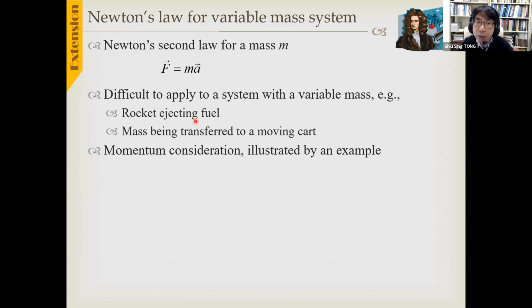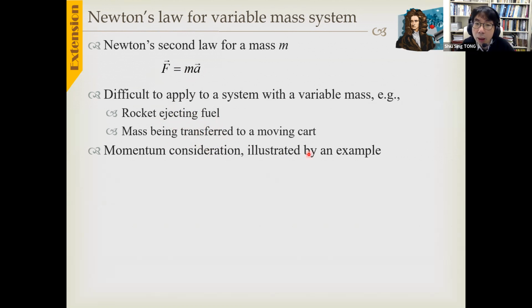Now, in those cases, you cannot simply use Newton's second law of this form to handle those problems, because it actually involves more than one object interacting with each other. So you must go back to the basic principle of momentum. You have to consider the momentum instead of using Newton's second law for a single object.